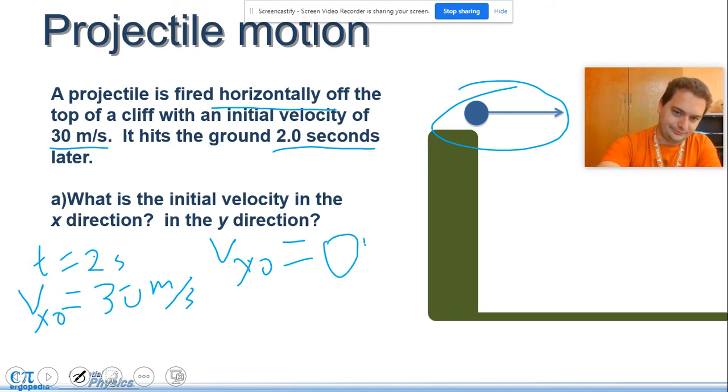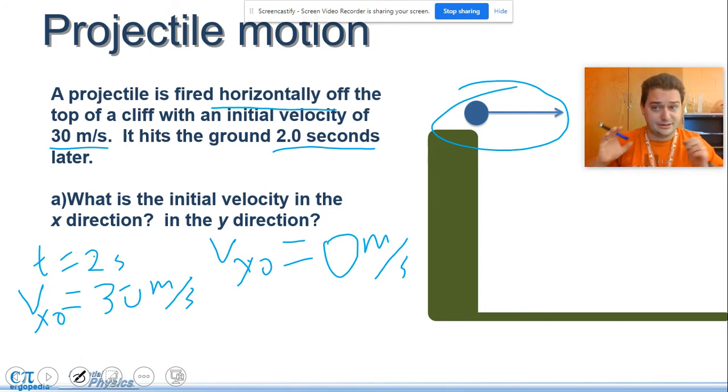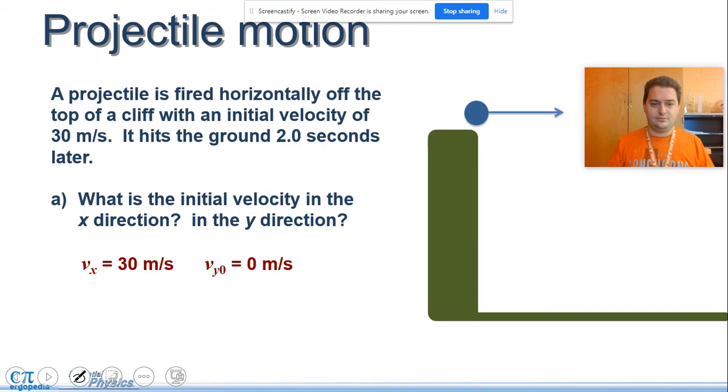The answer is no. The initial x velocity is 30 because all the force is going horizontally. None of the force is going vertically. That's how you can find initial x and initial y velocity. This is something you're going to have to do in all of these types of projectile motion problems. Find the initial x and y. 30 and 0, like I said.